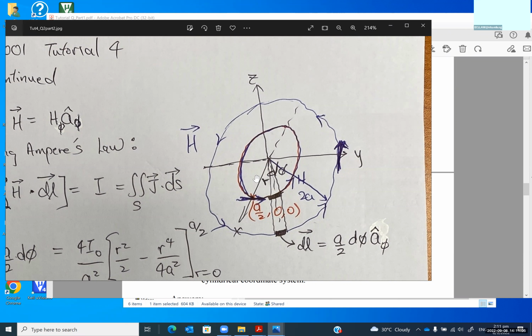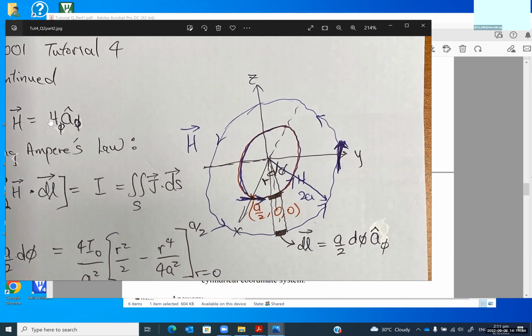H as a vector is equal to, we don't know yet, some coefficient, H in the radial direction with a unit vector a_r, plus H with a subscript phi, that means the H in the phi direction coefficient times the a_phi unit vector, plus H in the z direction, that coefficient H_z times the a_z unit vector. Okay, so that will be a general expression.